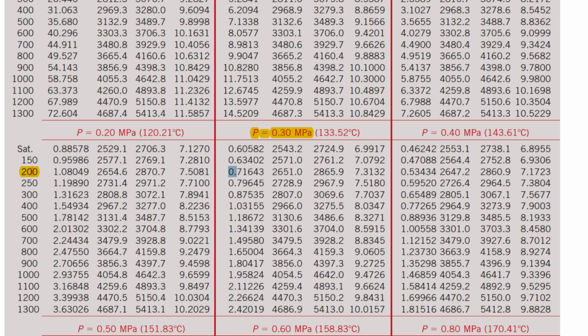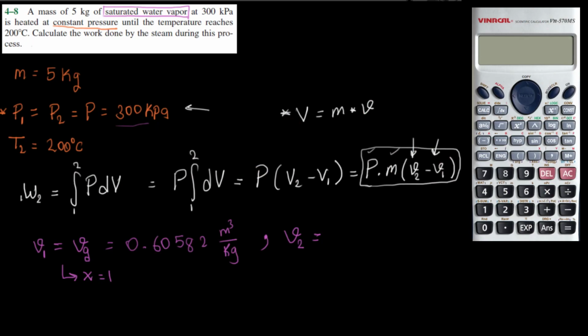And as you can see here is our specific volume 2, which is 0.71643. Let's switch back to write that down. So V2 is 0.71643 meter cubed per kilogram.